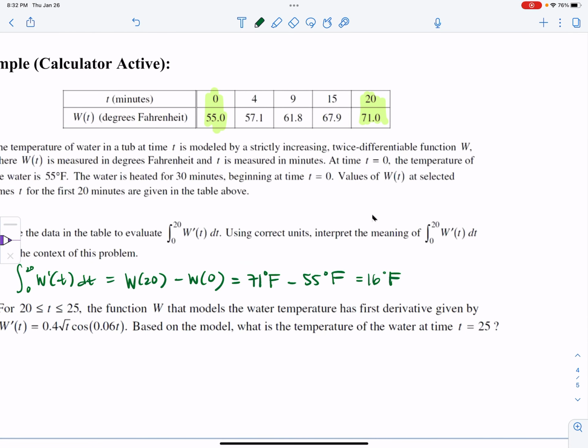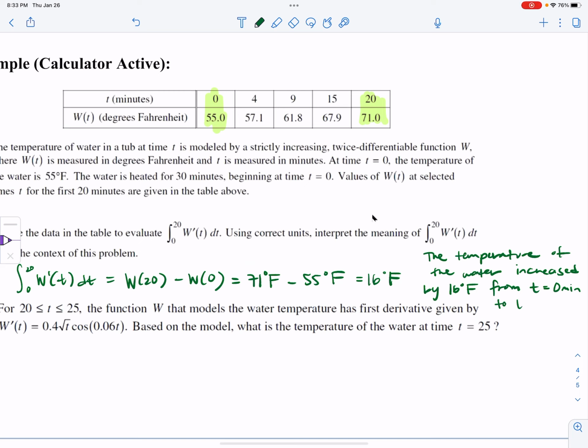So we can say that the temperature of the water, we got a positive value for our net change. That means that the temperature of the water increased by 16 degrees Fahrenheit from t equals 0 minutes to t equals 20 minutes, or you could say over the first 20 minutes.